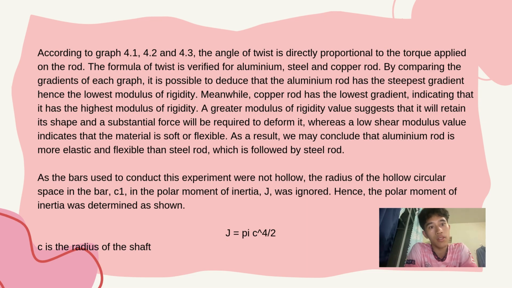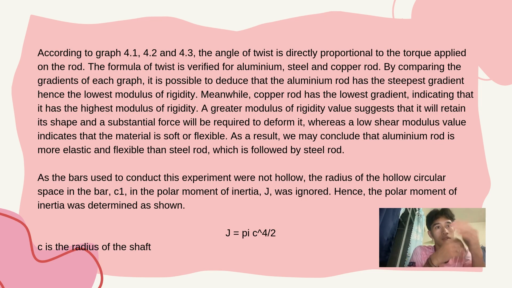By comparing the gradients of each graph, it is possible to deduce that the aluminum rod has the steepest gradient, hence the lowest modulus of rigidity, meanwhile the copper rod has the lowest gradient, indicating that it has the highest modulus of rigidity.